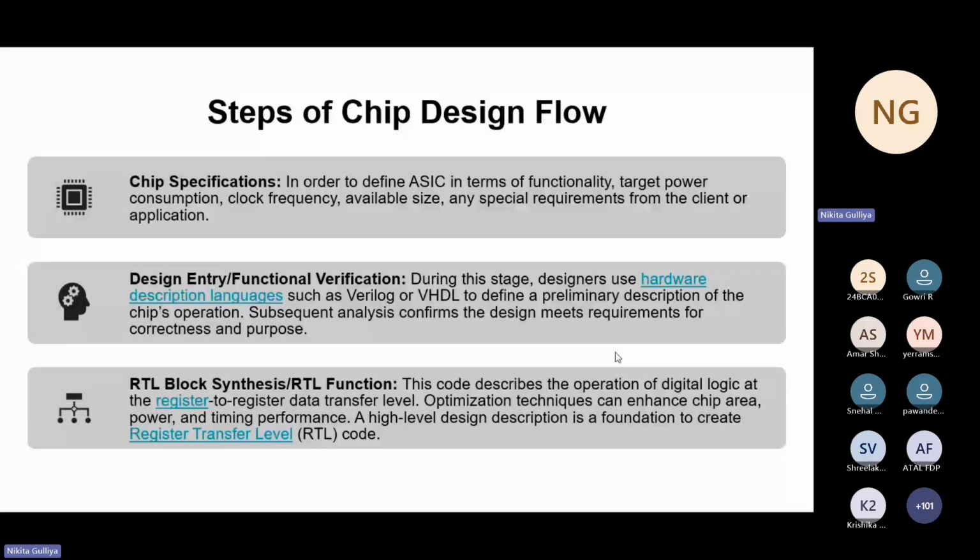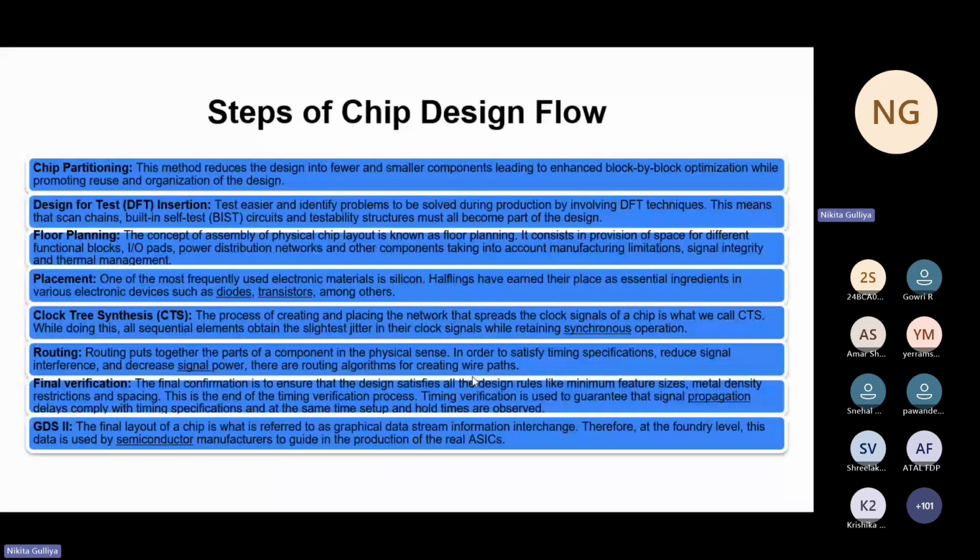After that, the design is partitioned into smaller blocks to make it easier to manage and optimize. Next is design for test or DFT, where additional logic is added to make the chip testable after fabrication. Once the logical designing is complete, we move to physical design.